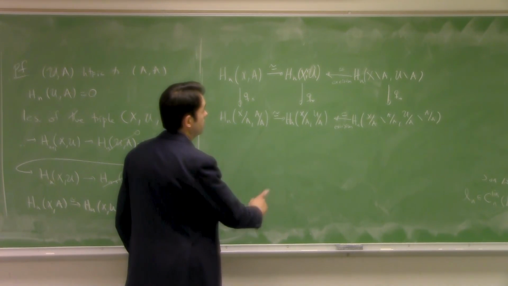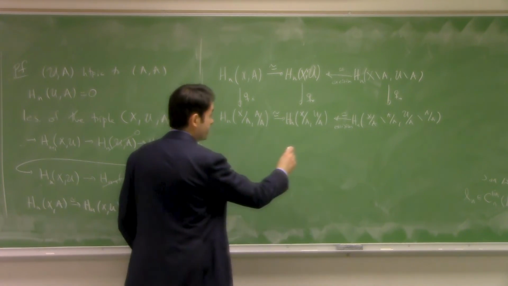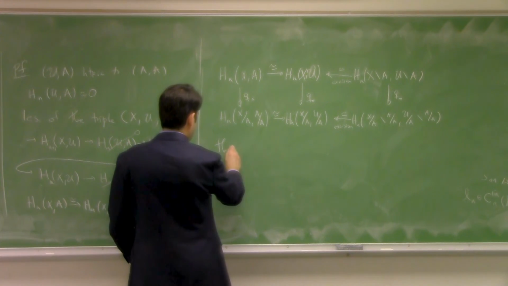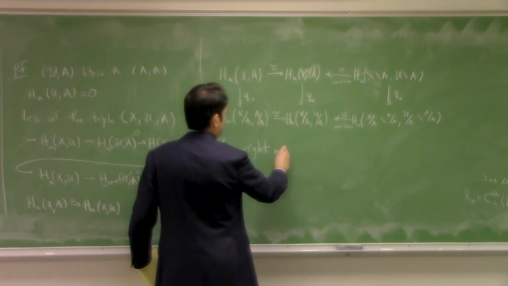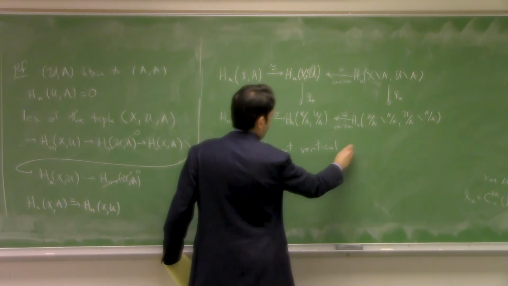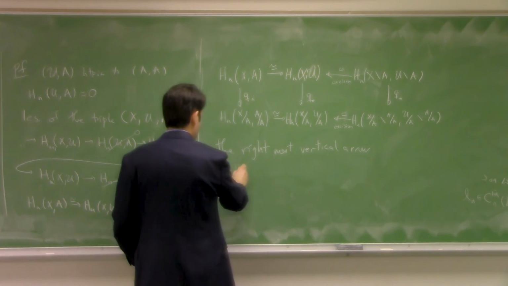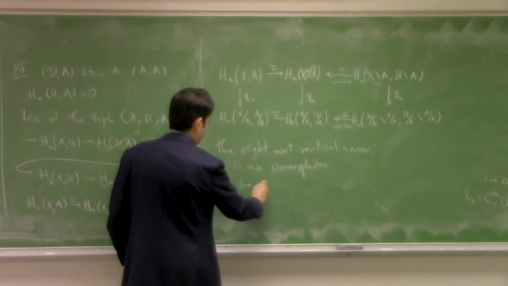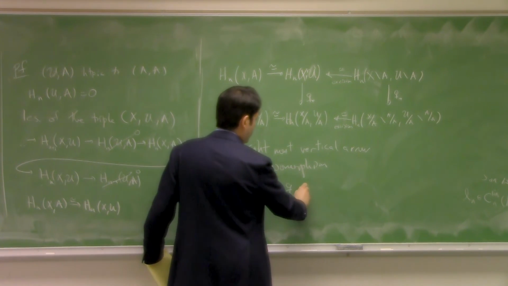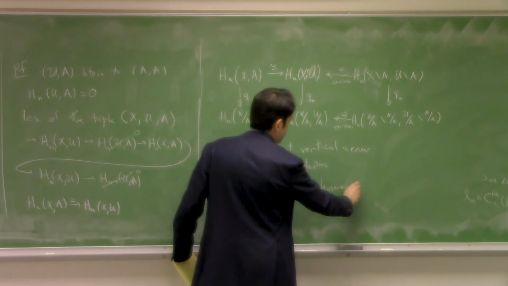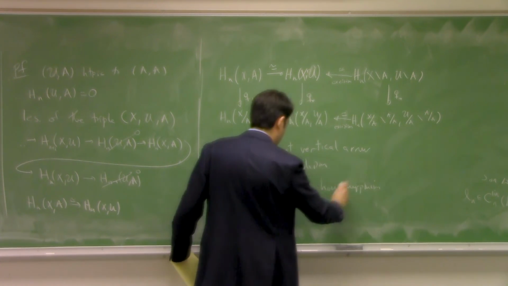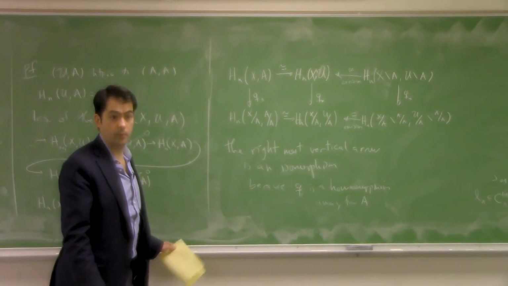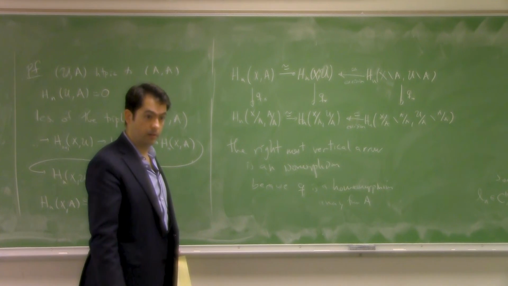Okay, and this is an isomorphism. So the rightmost vertical arrow is an isomorphism because Q is a homeomorphism away from A. Now, Q doesn't do anything to points that are not in A.